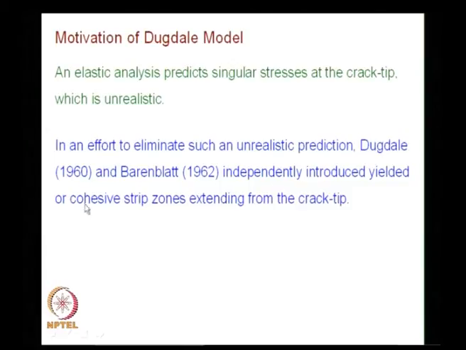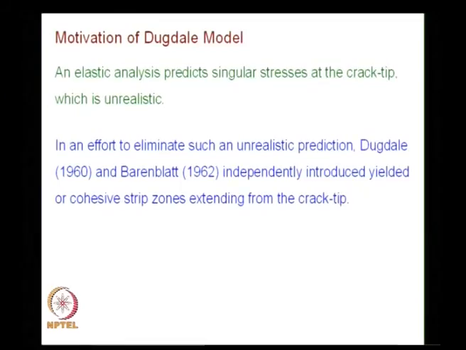So, in order to capture some of these aspects, Dugdale in 1960 and Barenblatt in 1962 independently introduced what are known as yielded or cohesive strip zones extending from the crack tip. They are very popular. Yield strip model is a very popular model in fracture mechanics literature, and this was advanced by Dugdale as well as Barenblatt.